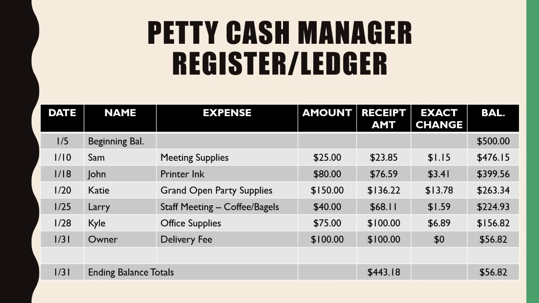This money was enough for the end of the month, but that might not be the case month to month. Once the amount in your petty cash gets too low, the person in charge of the petty cash needs to report that to either the boss or the billing person responsible for the petty cash drawer, for all those expenses.